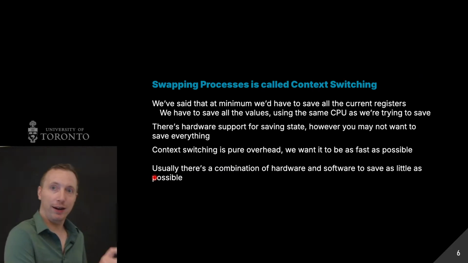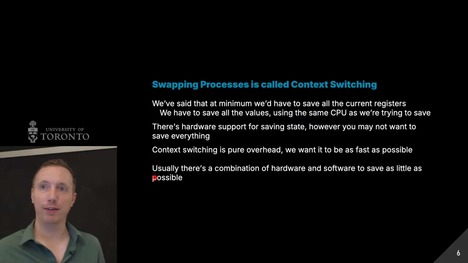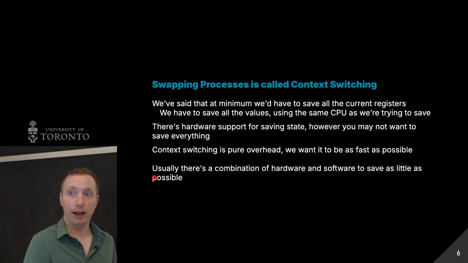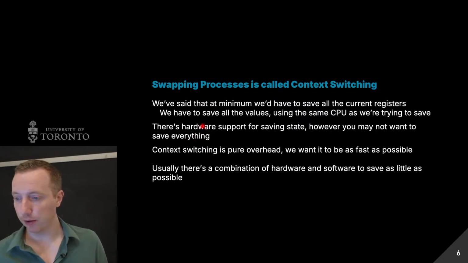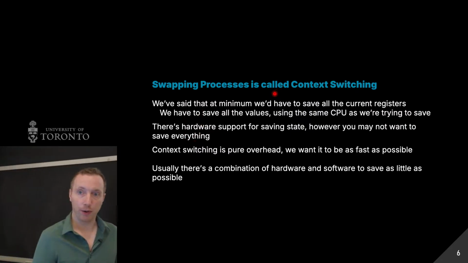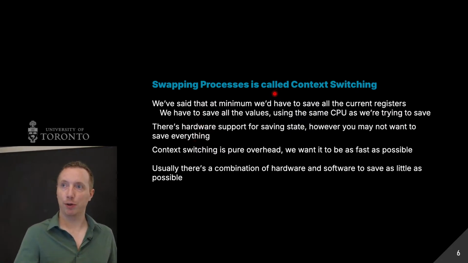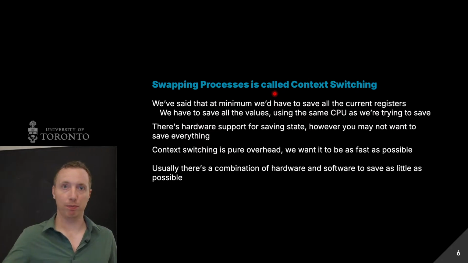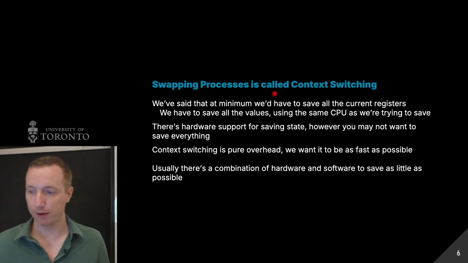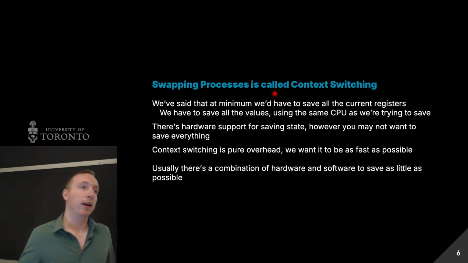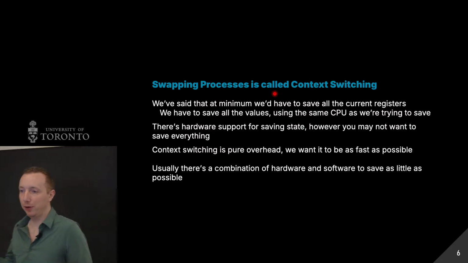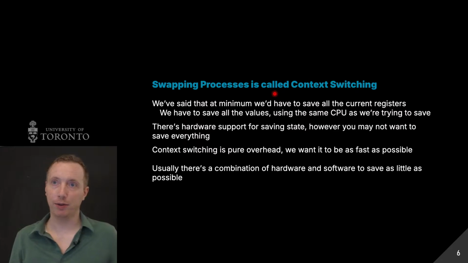Also, the mechanic of switching processes, like saving the state and restoring another, has a specific name, and it is called context switching. At minimum, in order to save all the state and restore the state of another process, I have to save all the current registers. You can imagine the implementation details are slightly tricky.